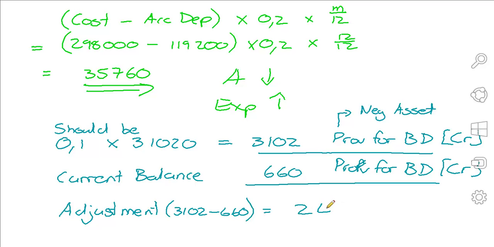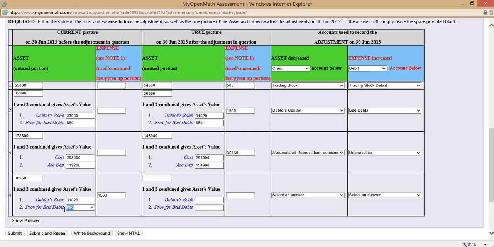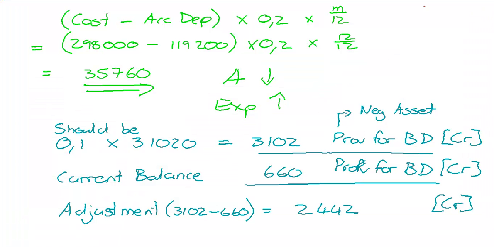Okay, 2442, and that needs to be credited to the provision for bad debts account, and you'll see now why. We start off with a provision for bad debts balance of 660. We calculated that the correct picture is actually 3102. That's what we calculated here. The correct picture should be 3102.